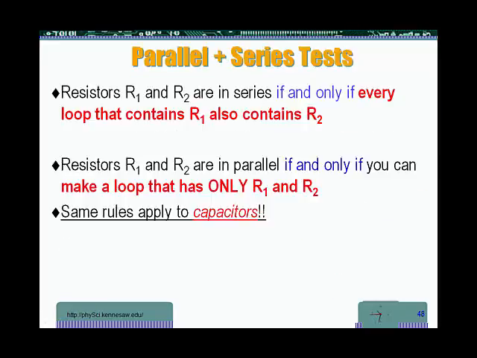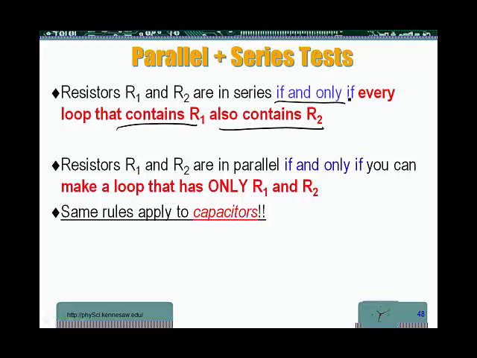Now, one rule I would like you to remember to help figure out if resistors are in series or in parallel, especially for tricky circuits. Two resistors are in series if and only if every loop in the circuit that contains R1 also contains R2.